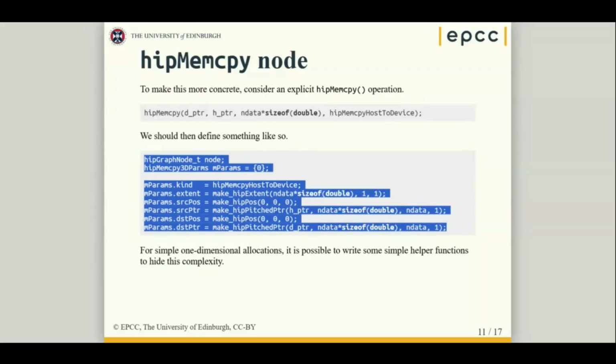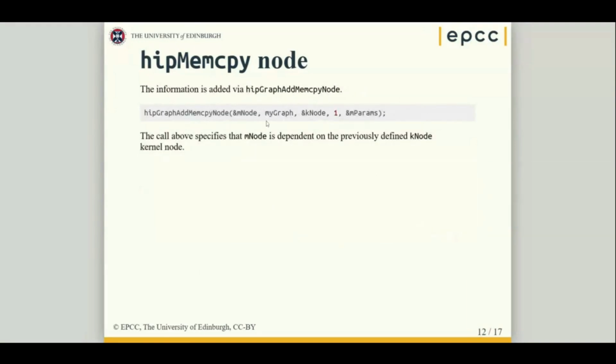Well, part of this line, because now what I need to do is hipGraphAddMemcpyNode. So this will be the memory node, the graph that I'm using, and here you notice that I put the dependence.